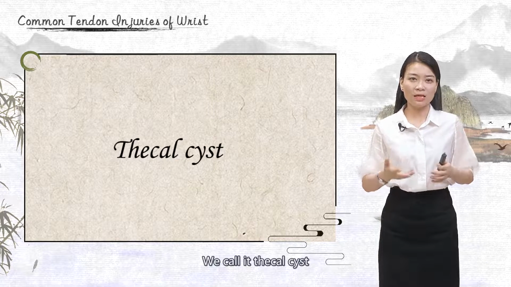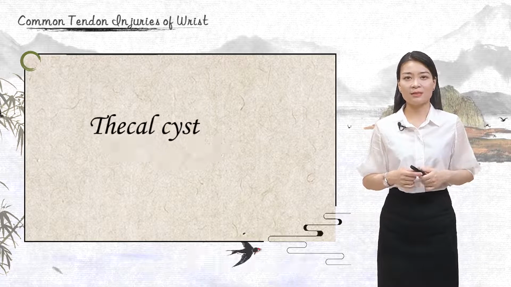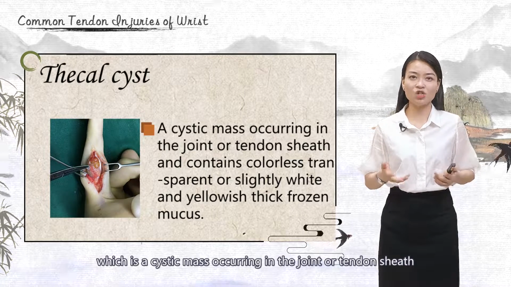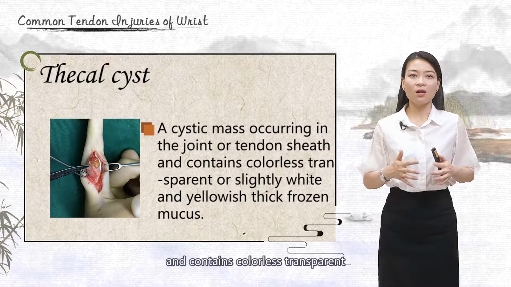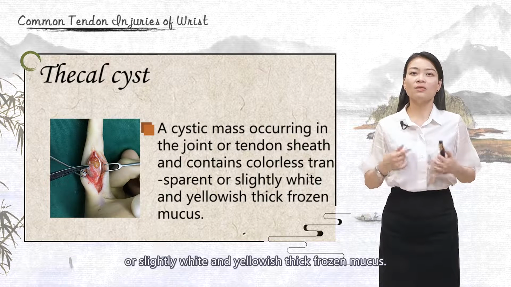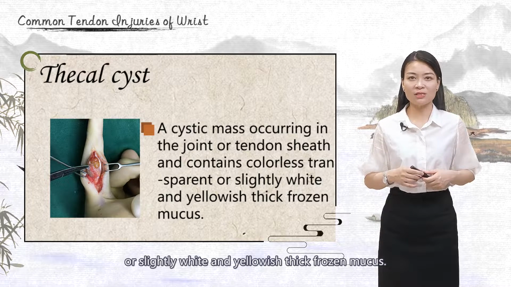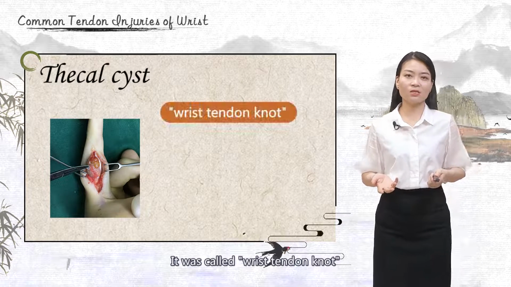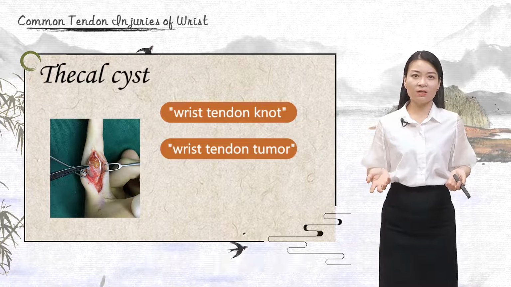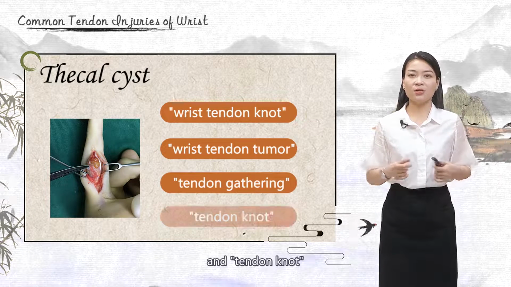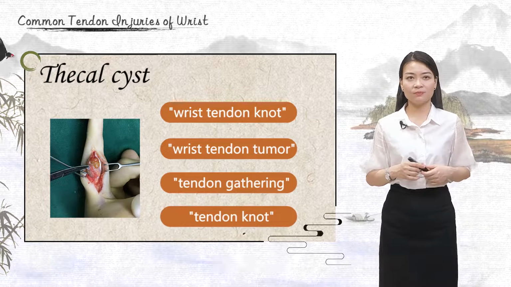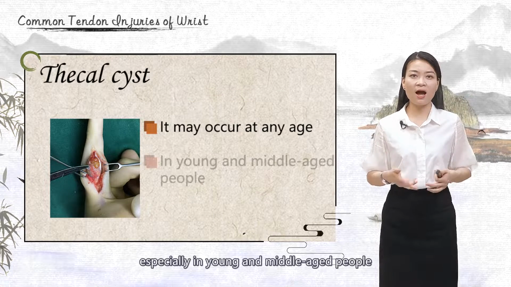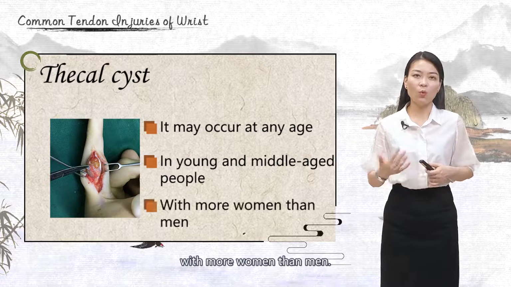We call it a ganglion cyst, a cystic mass occurring in the joint or tendon sheath that contains colorless, transparent, or slightly white and yellowish thick jelly-like material. It was called wrist tendon knot, wrist tendon tumor, tendon gathering, and tendon knot in ancient times. It may occur at any age, especially in young and middle-aged people, with more women than men.